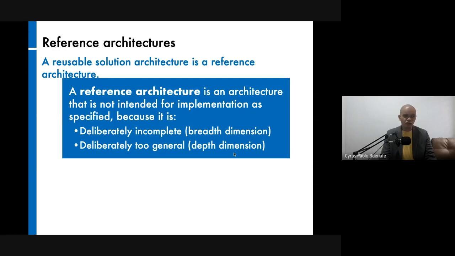It should still be specific to a particular client, but your reference architecture is made in such a way because it is deliberately incomplete. What will complete it would be the specific nuances of the client. And it is deliberately too general, so you're not really going very deep into your reference architecture.